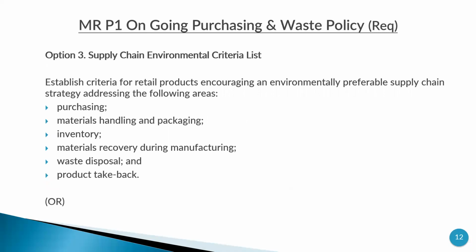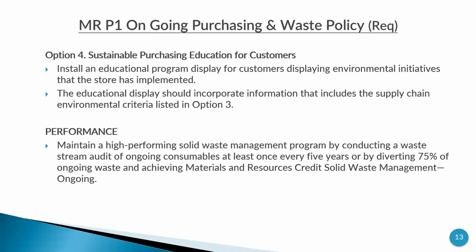Then the third option, supply chain environmental criteria list. What is that? Establish criteria for retail products, encouraging an environmentally preferable supply chain strategy, which addresses purchasing, material handling and packaging, inventory, materials recovery during manufacturing, waste disposal, and product take back.